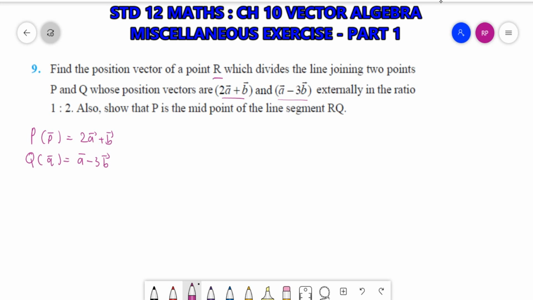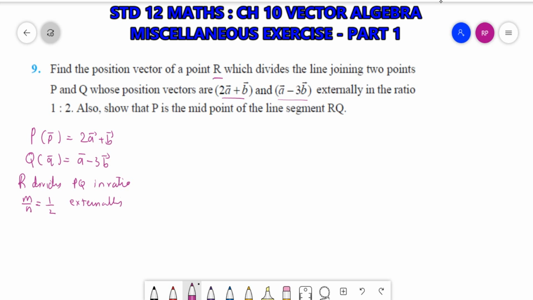Now the point R divides PQ in the ratio m by n equal to 1 by 2 externally, right?